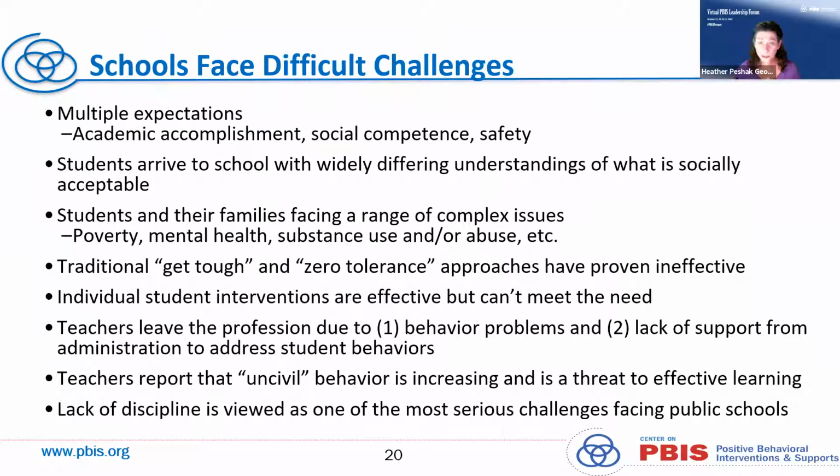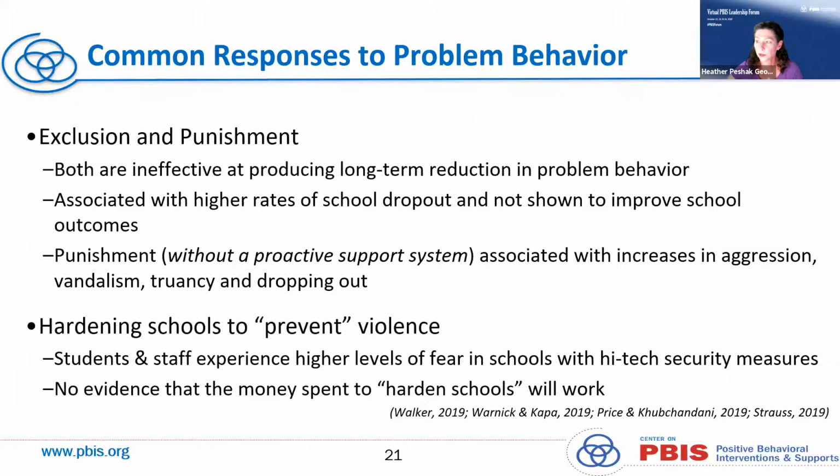And lack of discipline, that very last bullet, is viewed as one of the most serious challenges facing public schools and one of the number one reasons why teachers are leaving the profession. So we've got to think about how we can maintain our personnel on our campus. We also know that most of us, how we went to school is you misbehave, you got a consequence for that.